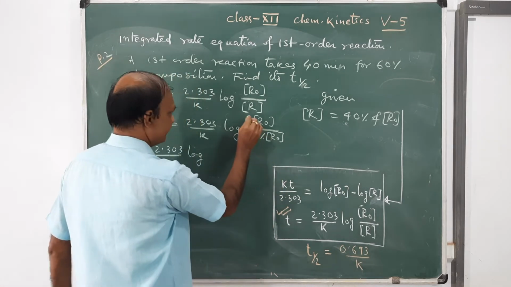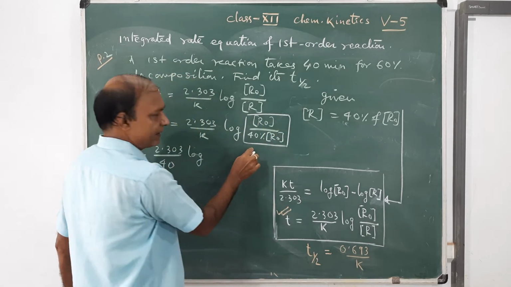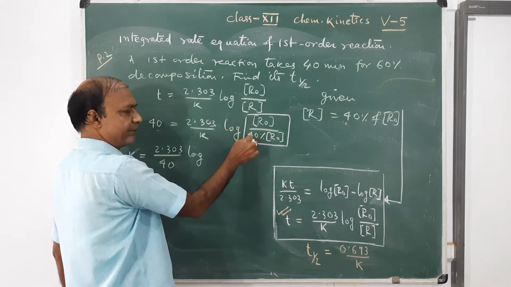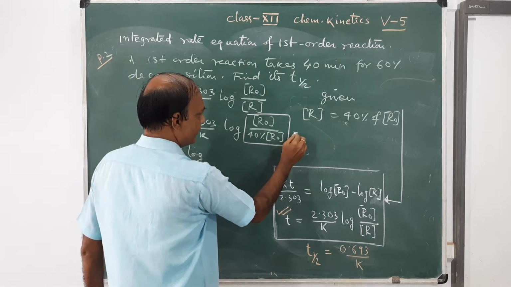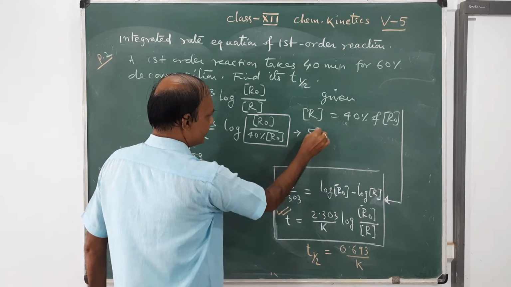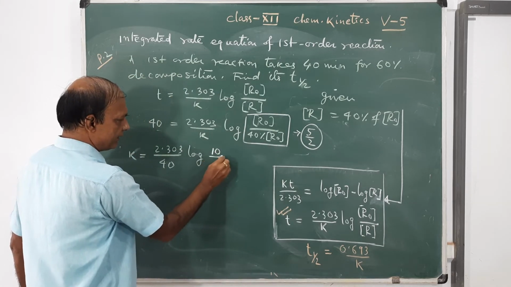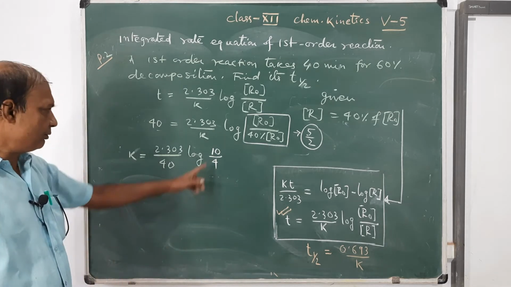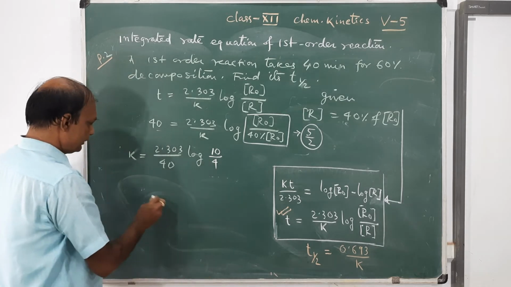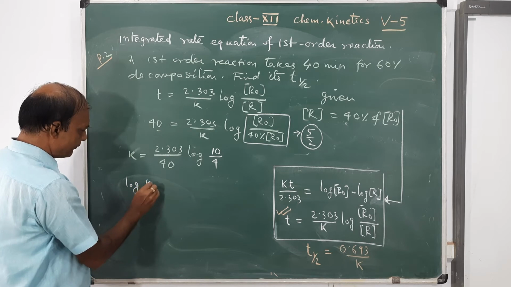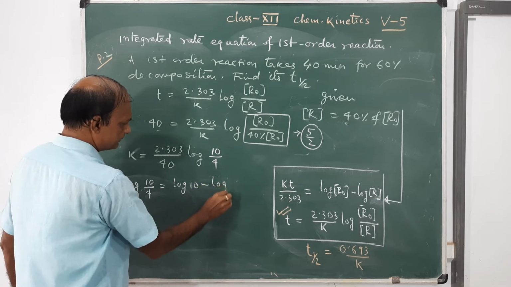For the log, you can write 10 by 4 or 5 by 2 as you like. You can also use the fact that log 10 equals 1. Now log 10 by 4 equals log 10 minus log 4.